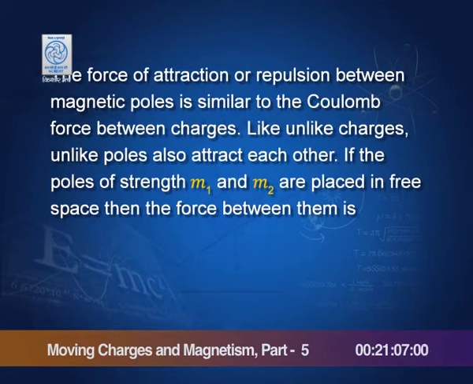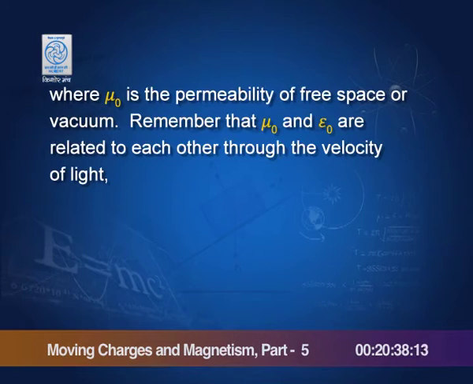The force of attraction or repulsion between magnetic poles is similar to the Coulomb force between charges. Here also, like poles repel each other and unlike poles attract each other, and the force between the two poles is mu 0 by 4 pi into m1 m2 by r squared, where m1 and m2 are the strengths of the two poles and mu 0 is the permeability of free space or vacuum.